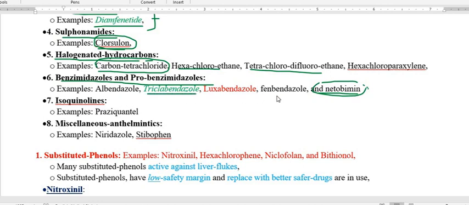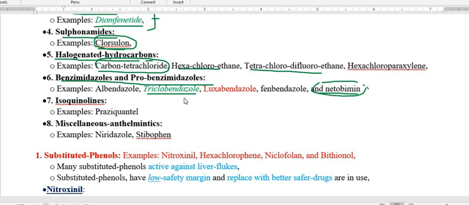All the other examples also act against nematodes, and other than triclabendazole they act against the adult fluke, whereas triclabendazole is used even against 1 day old flukes.